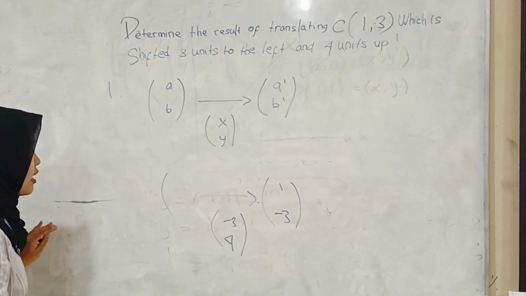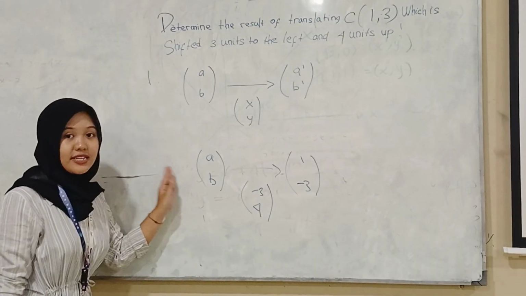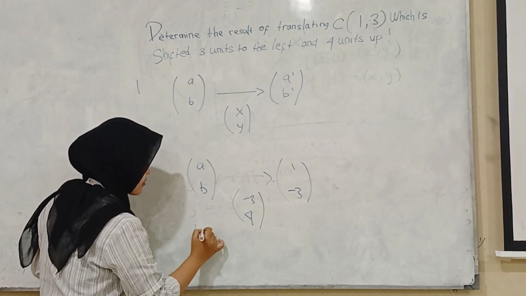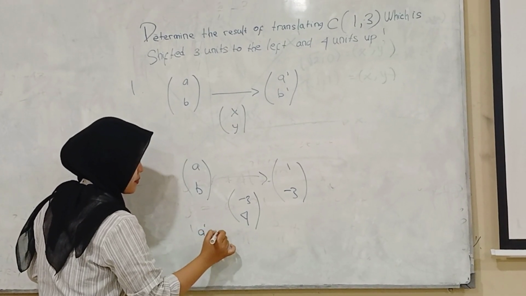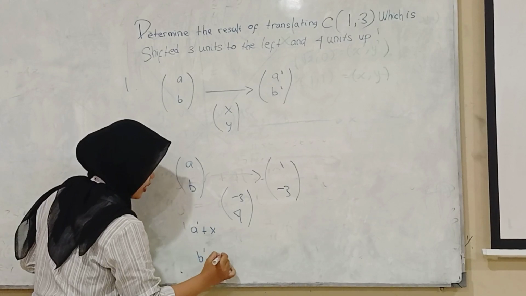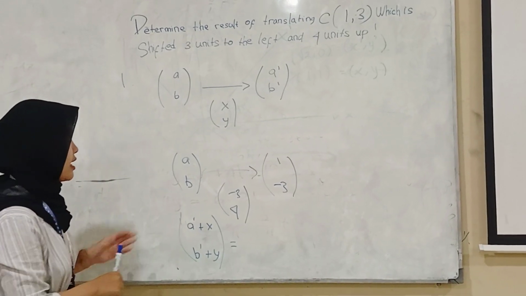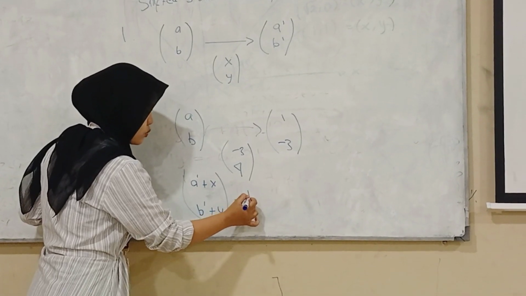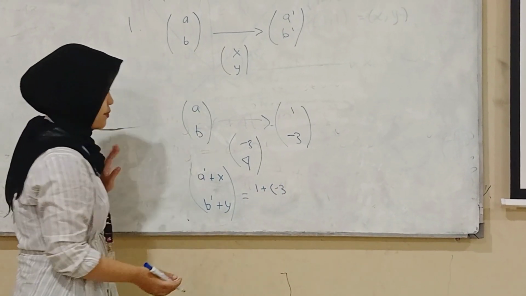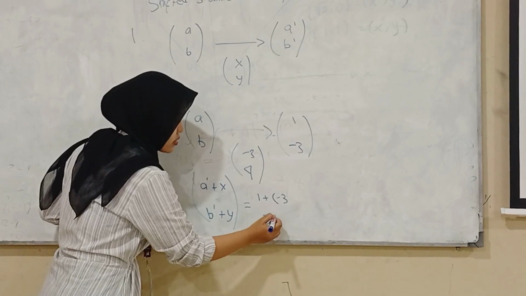So we have to find a prime and b prime. How do we find them? We can use the formula a plus x and b plus y. Here a is 1, so we write 1 plus x, which is minus 3, and b is minus 3, and y is 4, so plus 4.